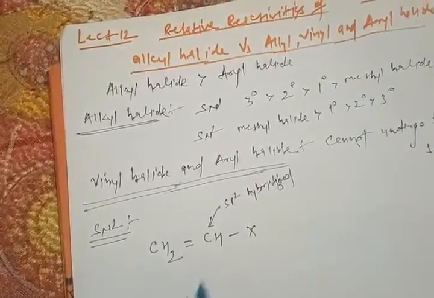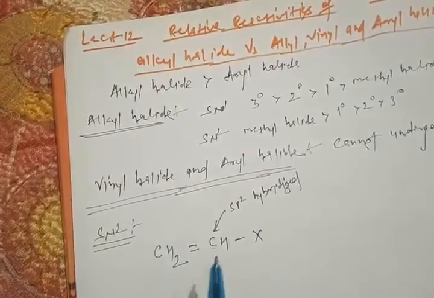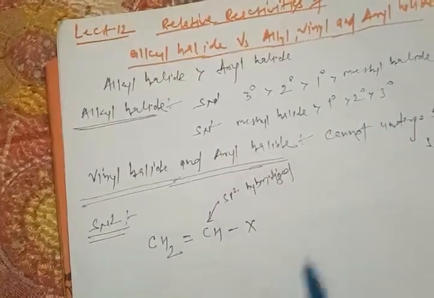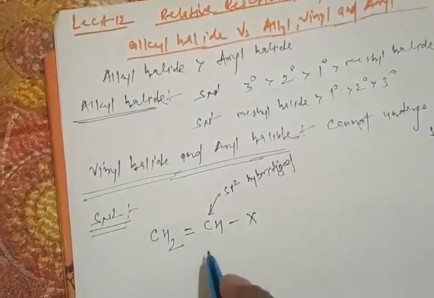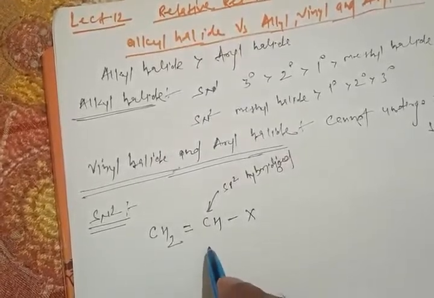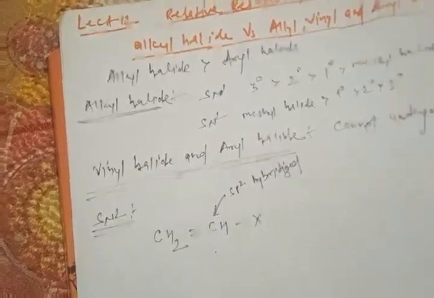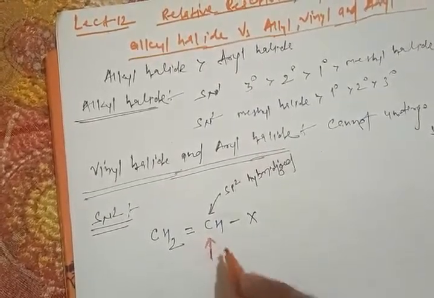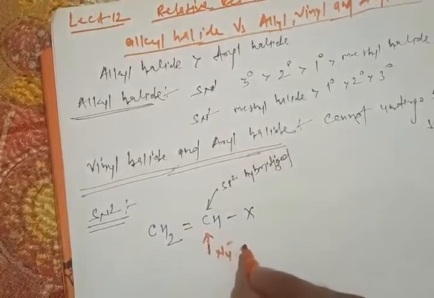Got it? Attack of nucleophile can be done from both sides, and as per SN1 the order must be 1 degree, 2 degree and 3 degree. So if a nucleophile attacks from this side, this is the side of nucleophilic attack.